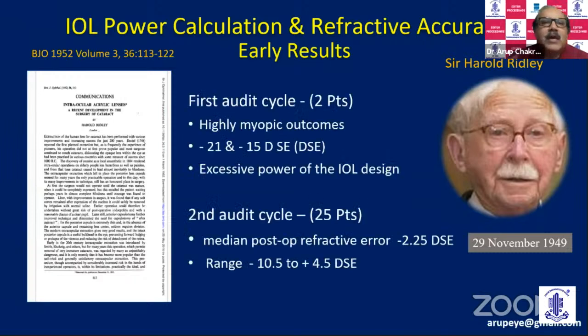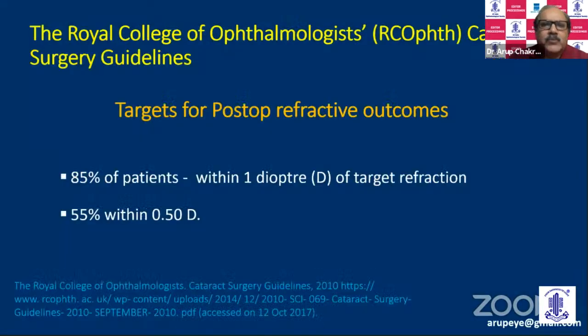But when the results were published in the BJO, the first audit cycle revealed highly myopic outcomes, -21 diopter and -15 diopter spherical equivalent. And in the second audit cycle also, the median post-operative refractive error was quite high, -2.25 diopter. So definitely, there was a long way to travel for us to refine the outcomes.